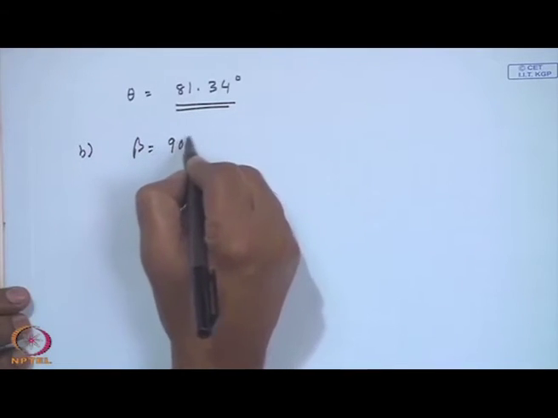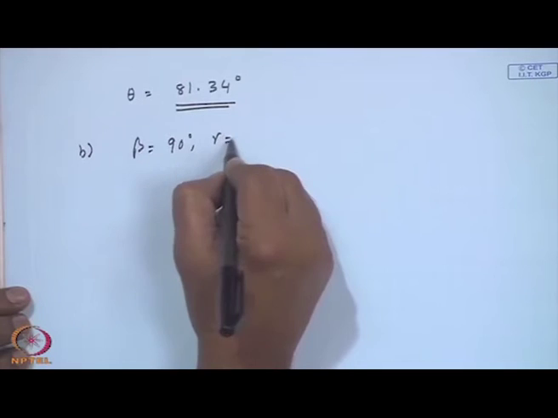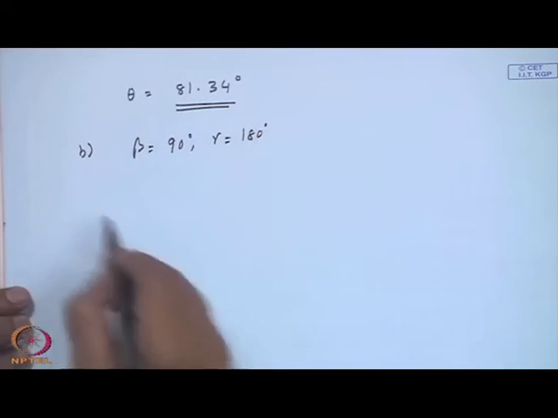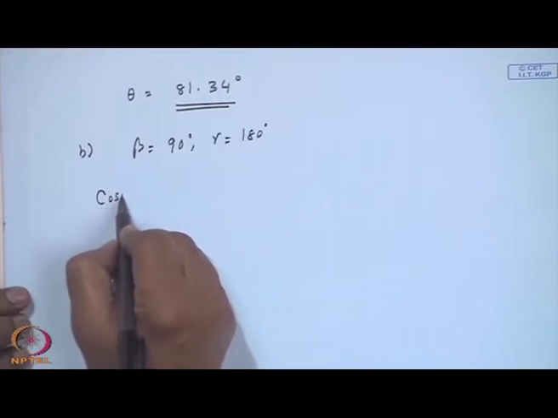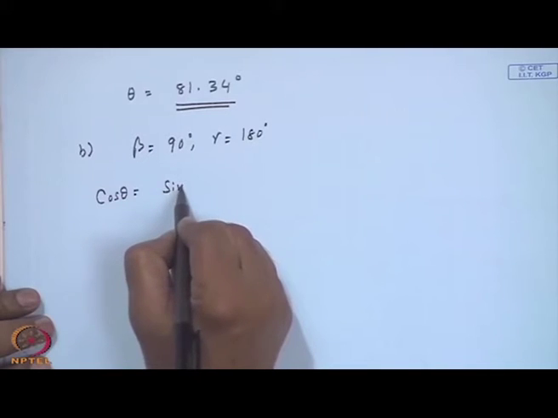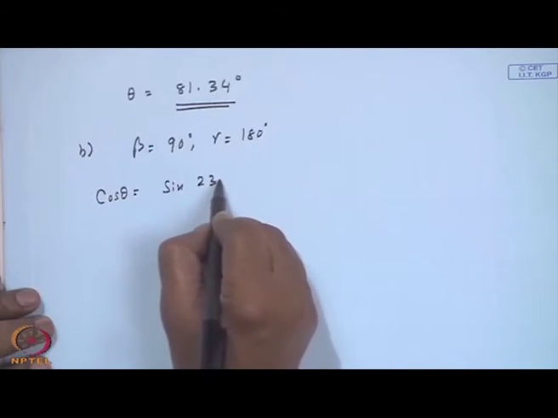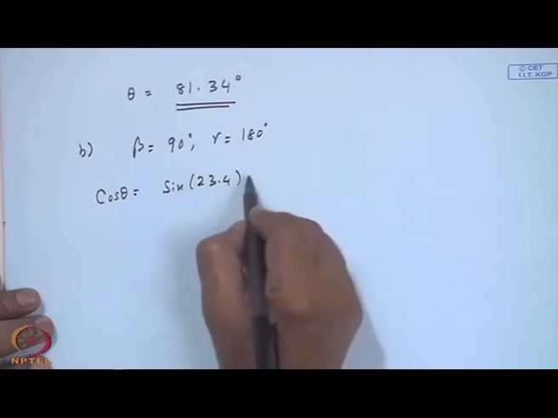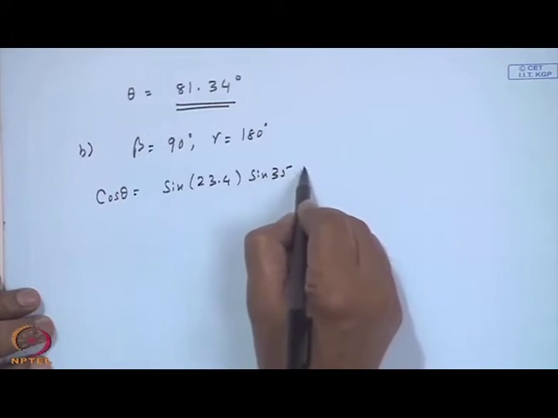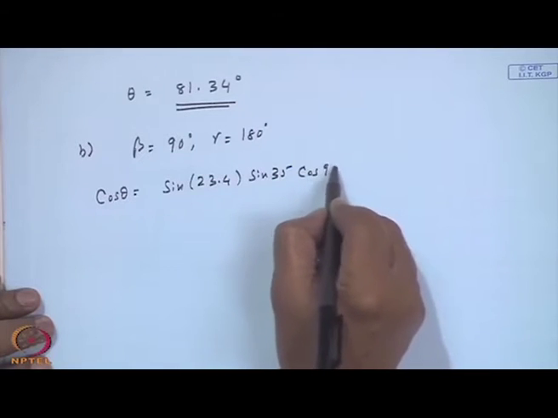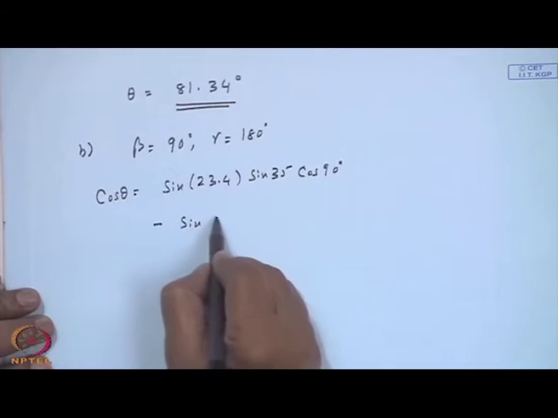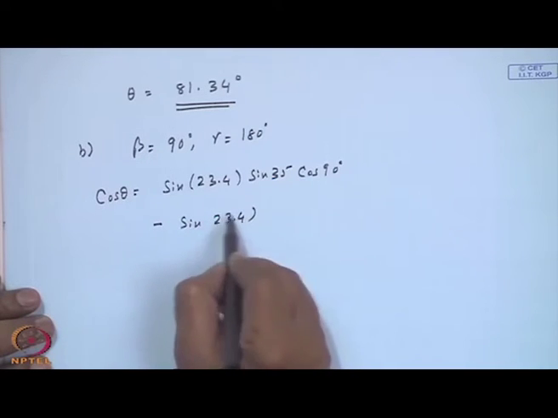So, beta is equal to 90 degrees, gamma is equal to 180 degrees, right. Cos theta is sine 23.4, sine 35, cos 90 minus sine 23.4.